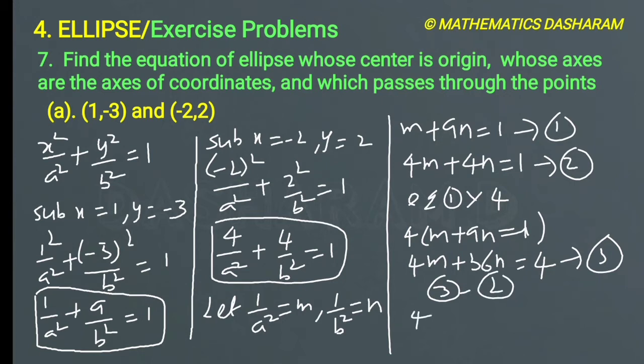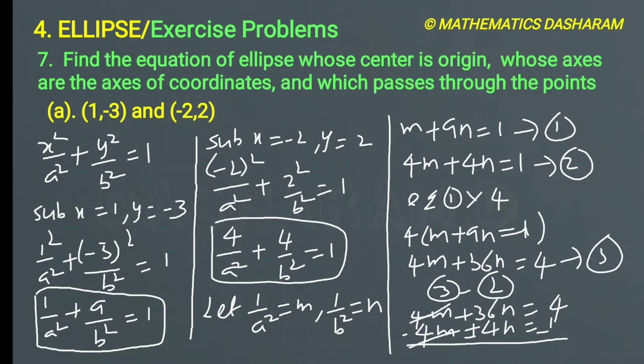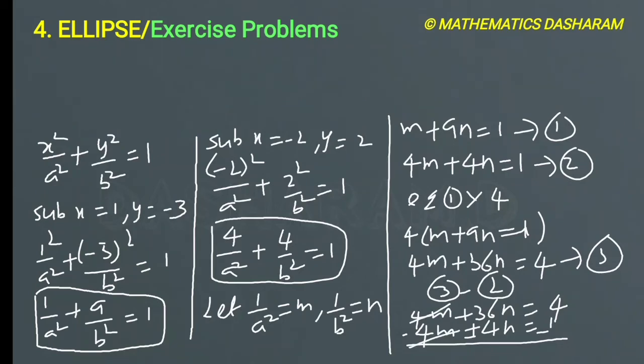Equation 3 is 4m + 36n = 4. Equation 2 is 4m + 4n = 1. Now change the signs. Here both 4m cancel. So 36n minus 4n is 32n, and 4 minus 1 is 3. Then n equals 3/32.